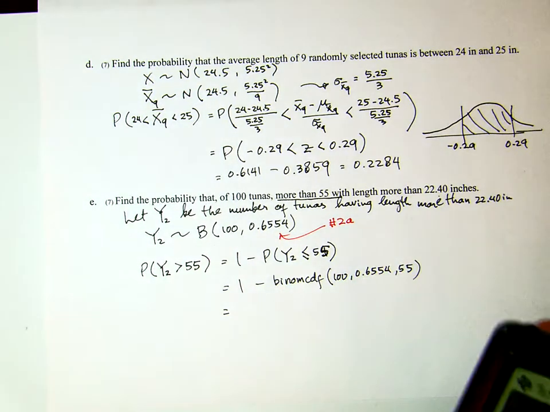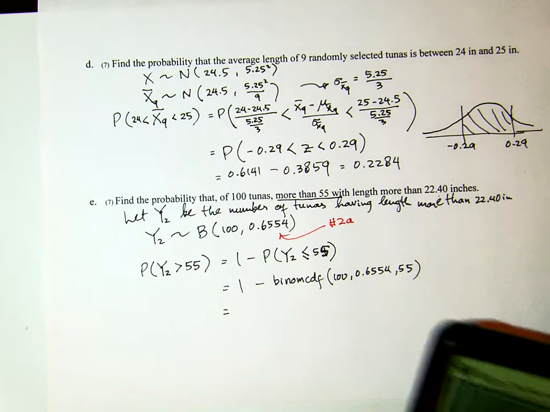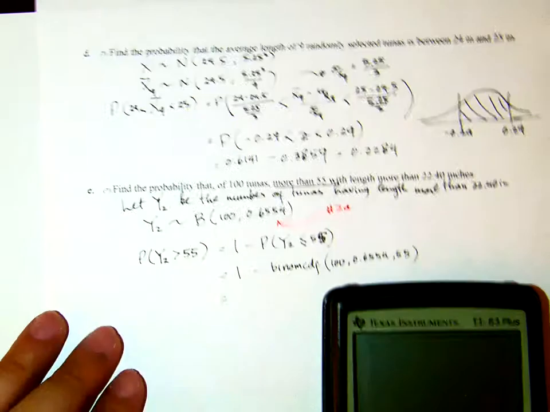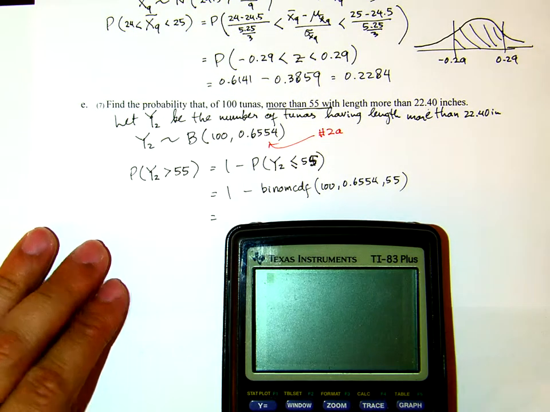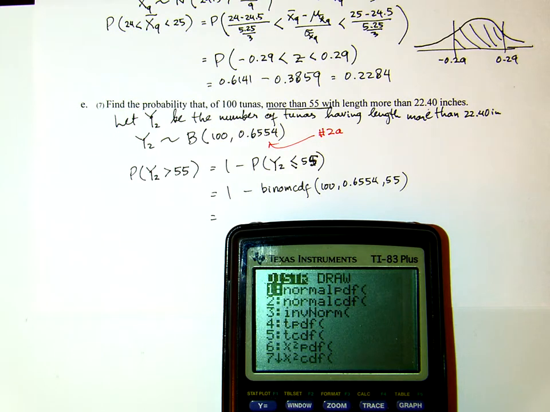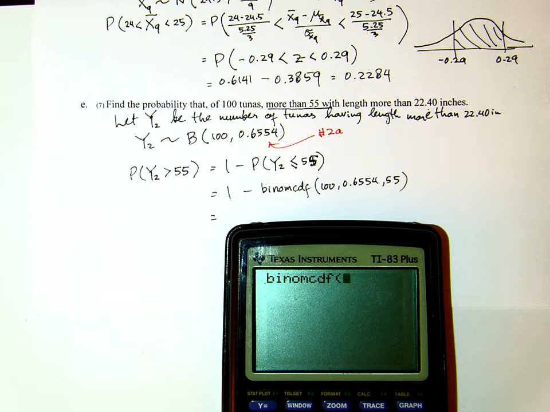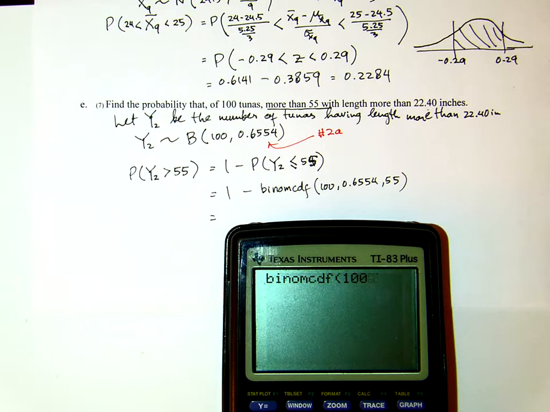Let's use the calculator to show that. I'll show it here. Let me pull it up a bit so that you can see. I will go to distribution, binom CDF, not PDF. I use CDF. The parameters are 100 for the number of trials, the probability of success on each trial is 0.6554, and we want the cumulative up to 55.